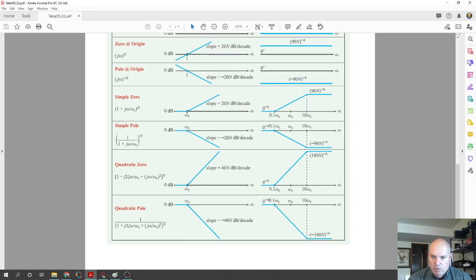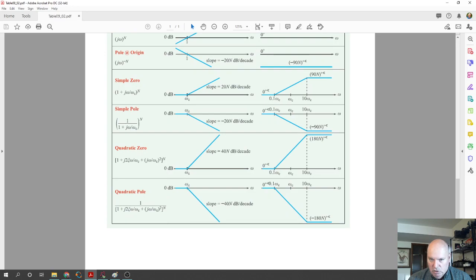The only other types of terms that we'll encounter other than these simple zeros and poles are quadratic terms. And you could have a quadratic form in the numerator that would have to be factored like this. It has the same general shape for the magnitude response. It's 0 for omega less than omega c, but it increases at a 40 dB per decade rate if the quadratic term is to the first power, or if it's to the second power, it would increase at an 80 dB per decade rate.